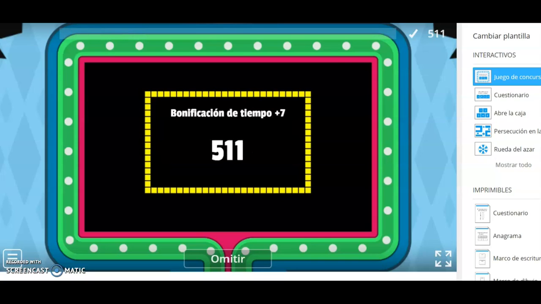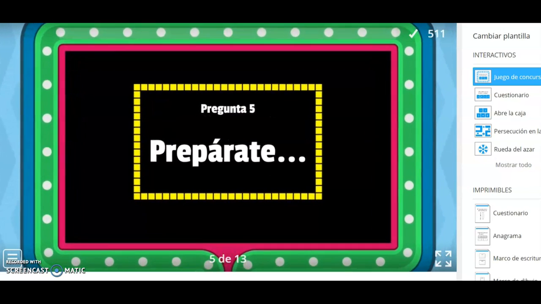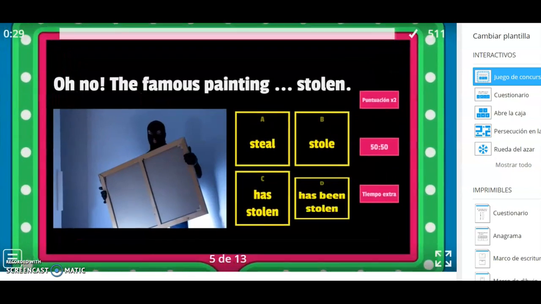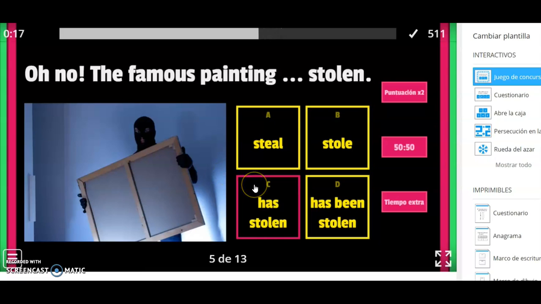Yes, more points. And the last question, question number 5, is, oh no, the famous painting was stolen. Choose the correct answer. And the correct answer is has been stolen.